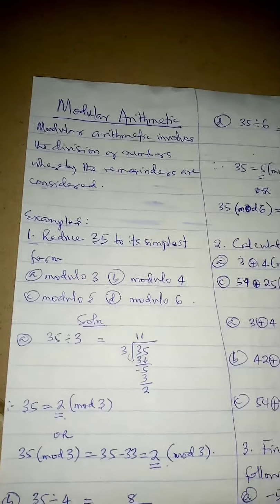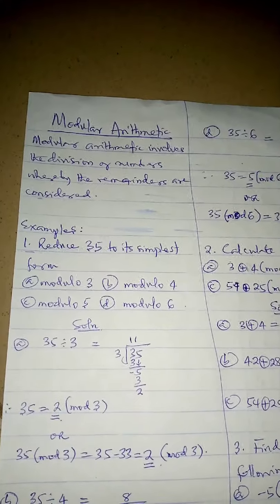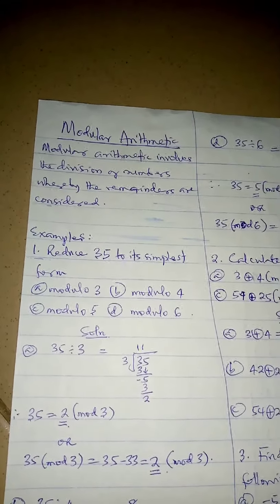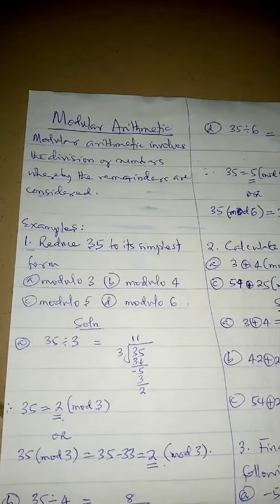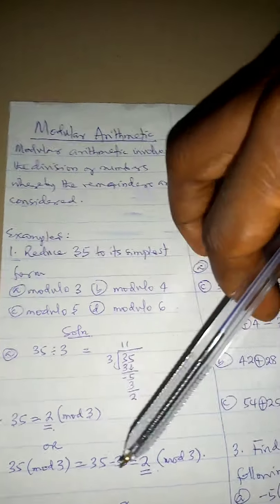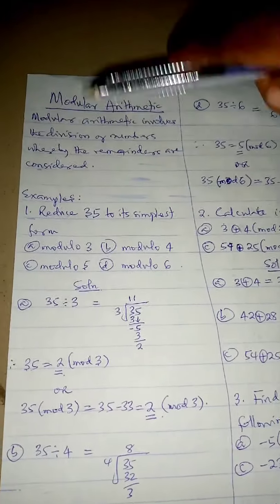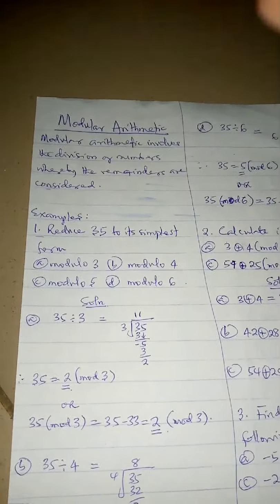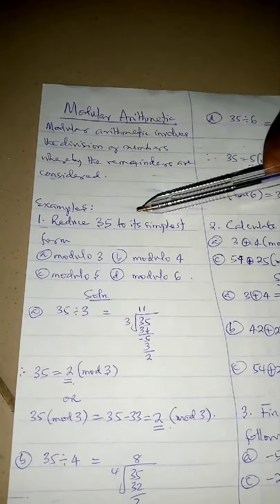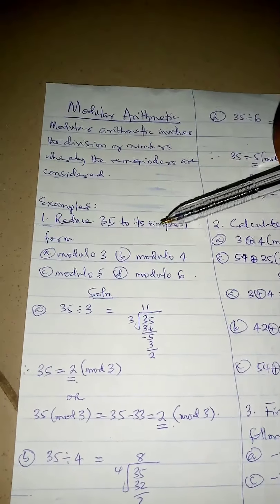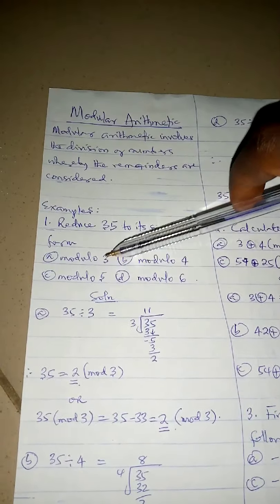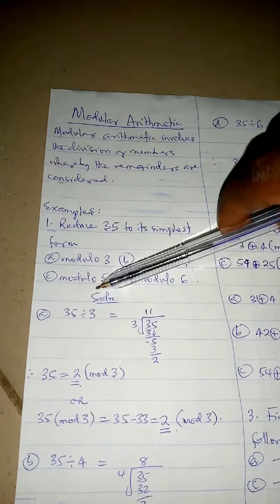And remember, when you divide a number, the remainder is always less than the divisor, what you've used for your division. So your answer must always be less than what you are going to use to divide that number. Please take note.